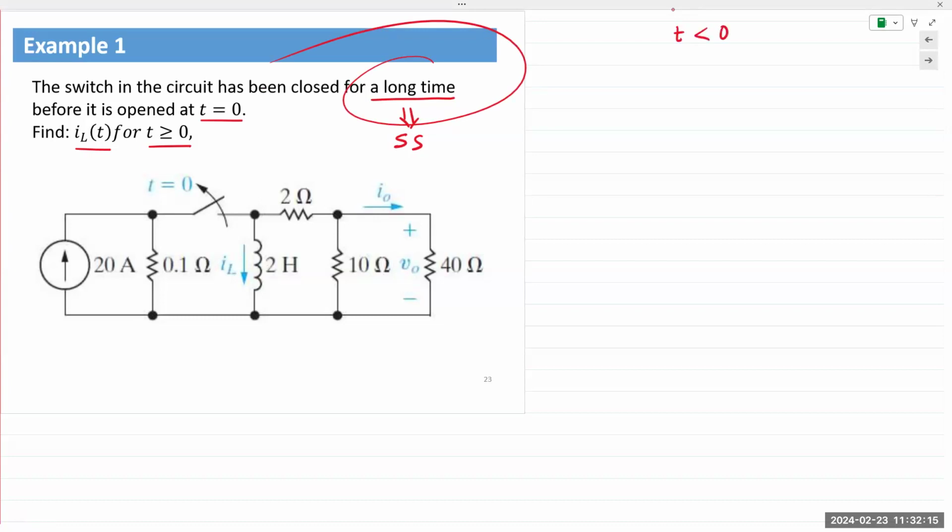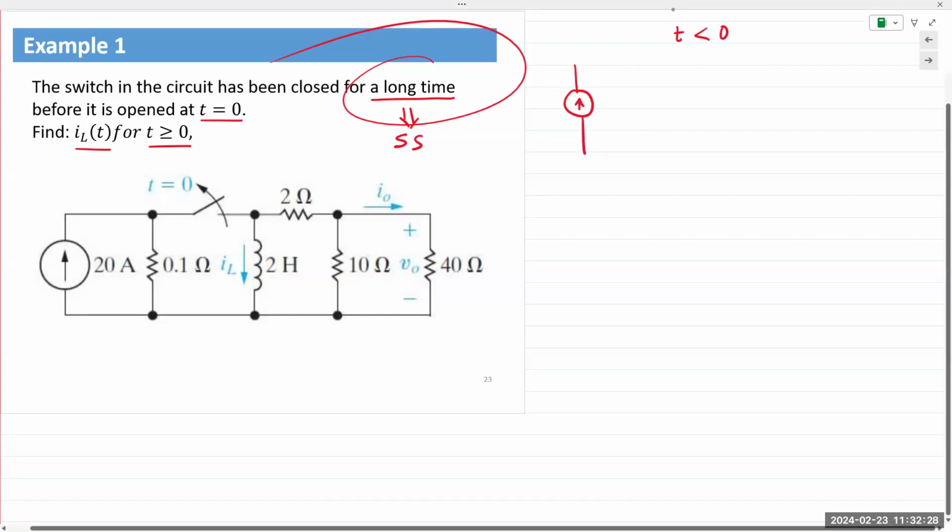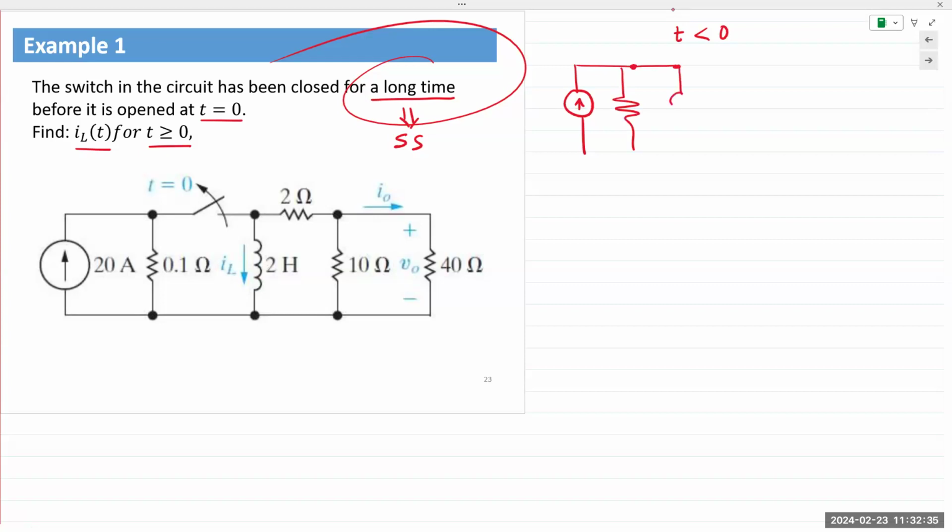For t less than 0, I'm going to redraw my circuit. And I can see that the current source switch was closed. So the current source was connected to the inductor.